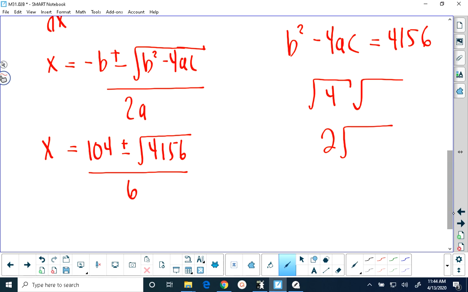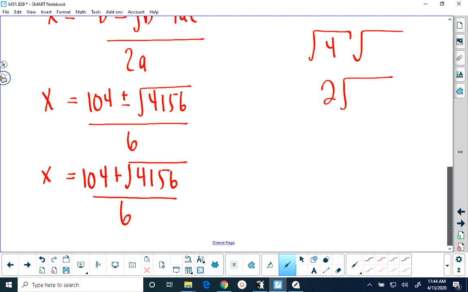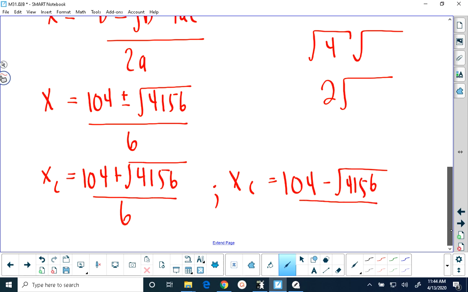So what are our 2 critical values of x? One of the critical values of x is 104 plus the square root of 4,156 divided by 6. And the other critical value of x is 104 minus the square root of 4156 all over 6.